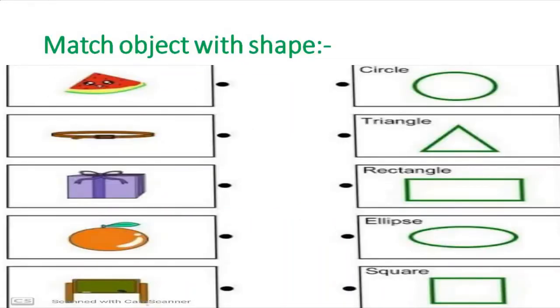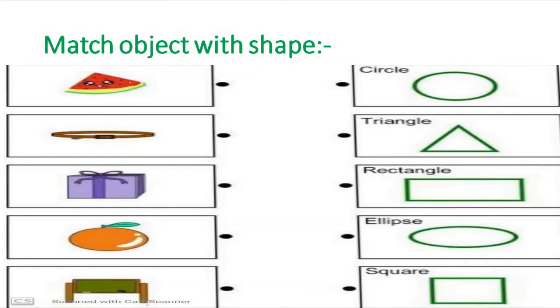Okay, match the object with the shape. So this is the slice of watermelon, then a ring, a gift box, an orange, and a bench. Okay.